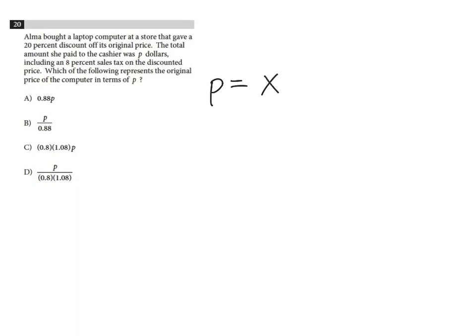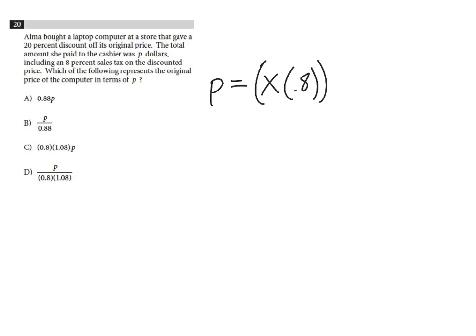Okay. Well, we know that she got a 20% discount. If we want a 20% discount on something, that means we're not paying 100%, we're paying 80%. So we're going to multiply by 80%, which is 8/10. Okay? So that's the price after the discount.